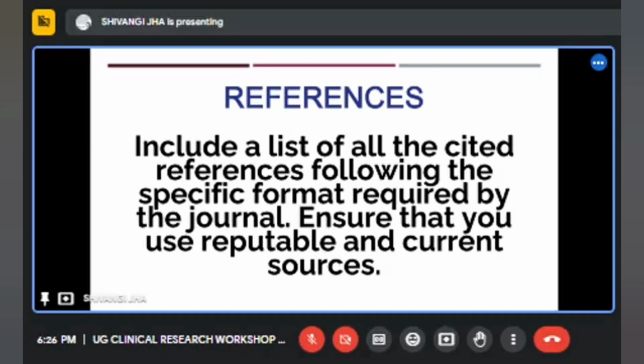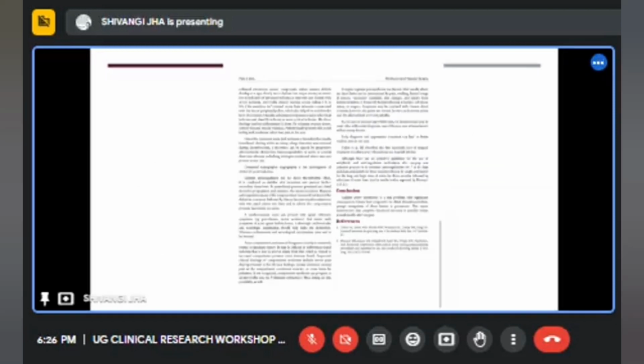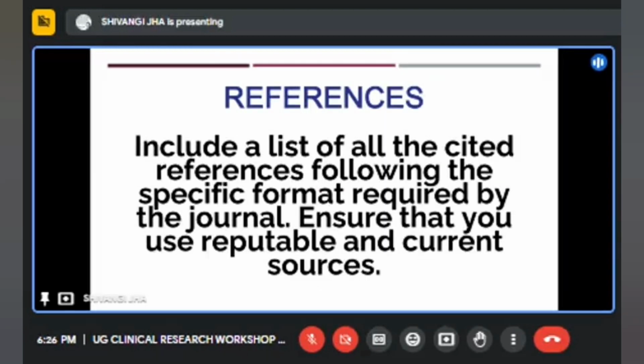Do not make mistakes here, because if you put references in the introduction, the abstract, or even the case presentation, your case report would be rejected in the first place. This is where we all make mistakes, so avoid them.